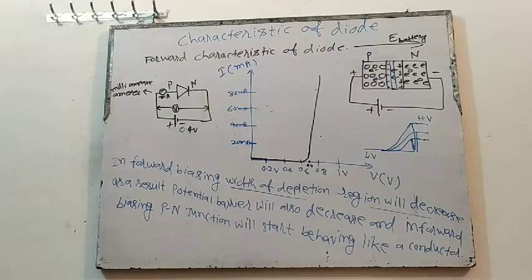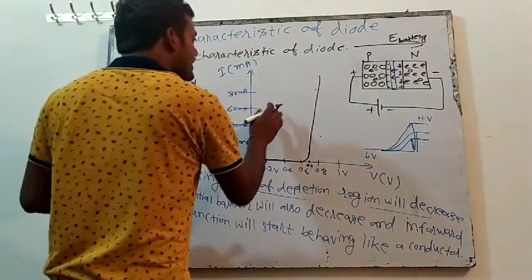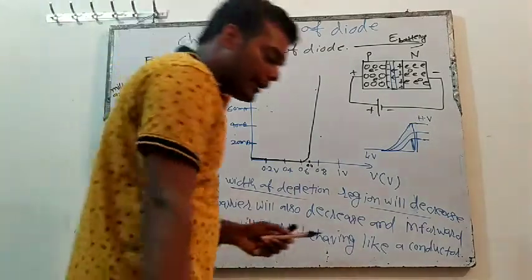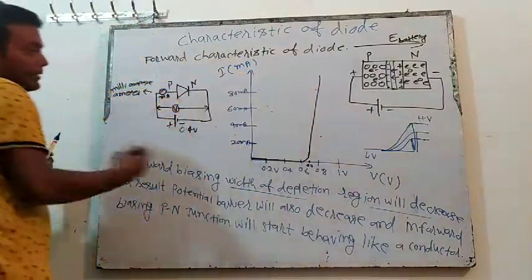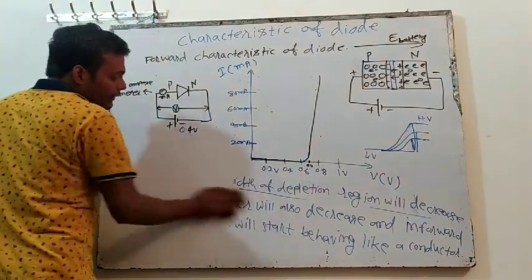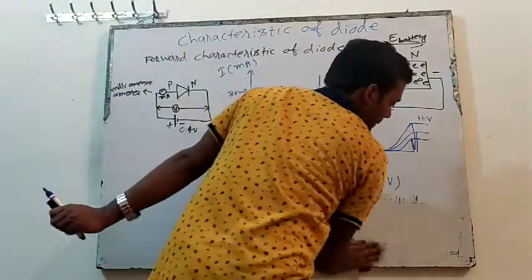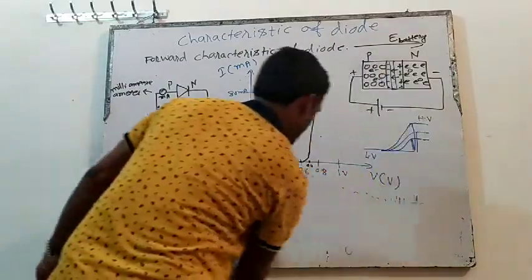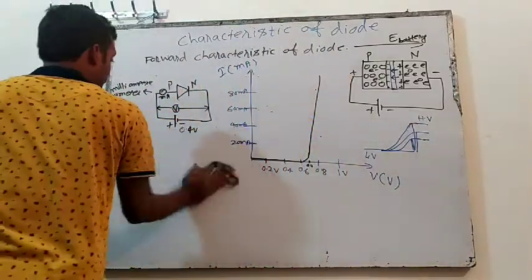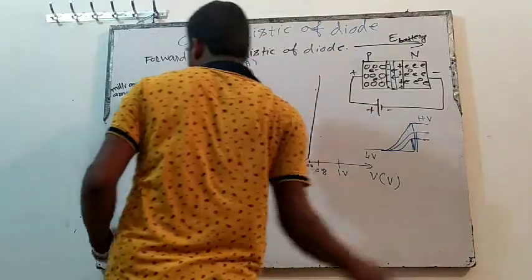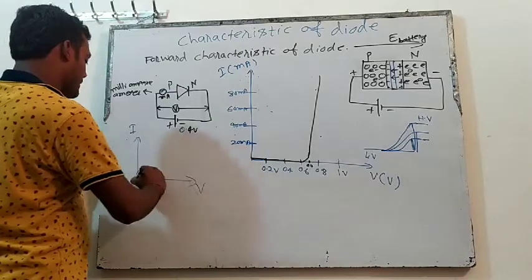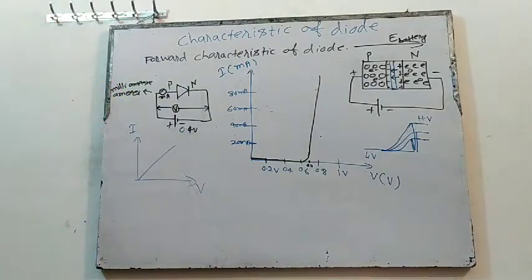Okay? Here try to understand one more thing, that this is not following Ohm's law. In the current electricity chapter, we have learned that if we make a current versus voltage graph, it comes like a straight line.